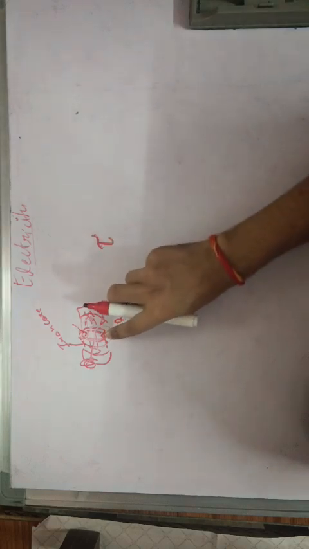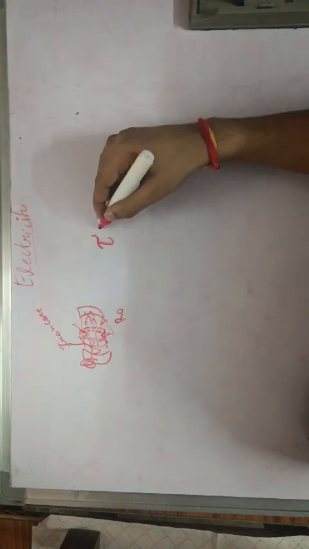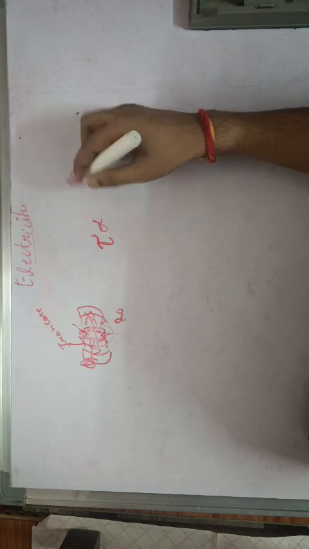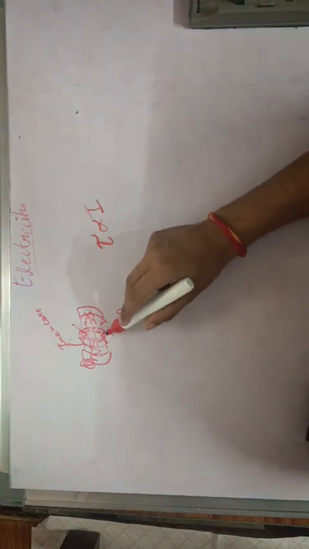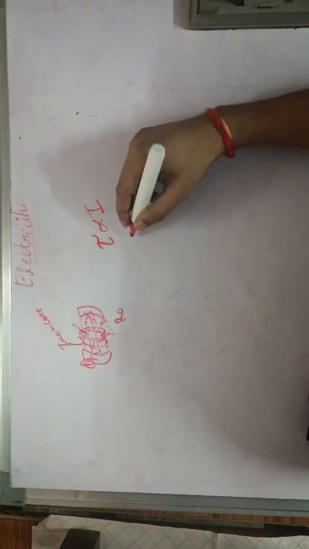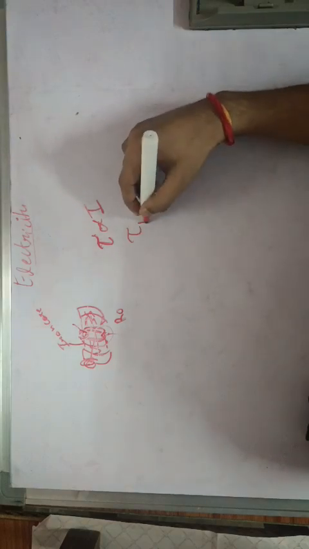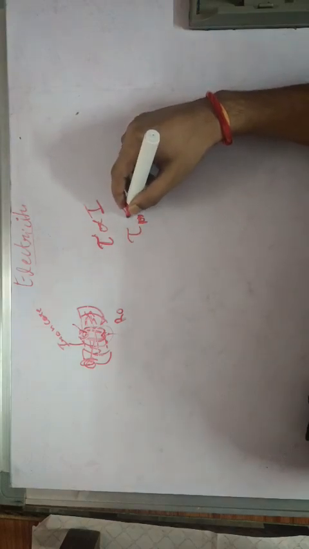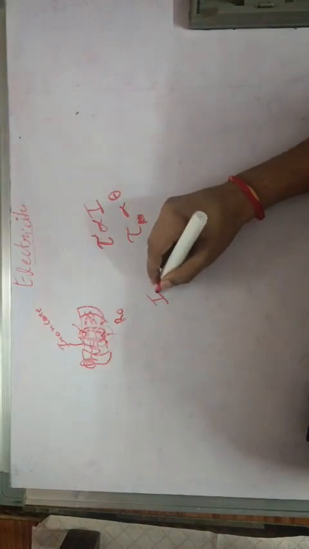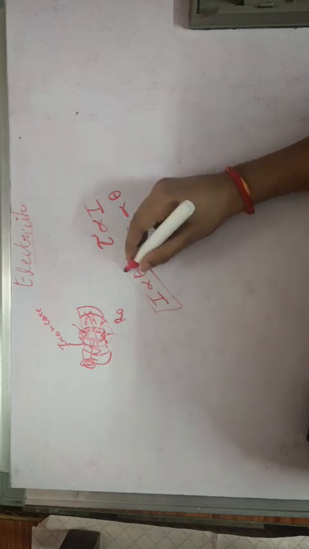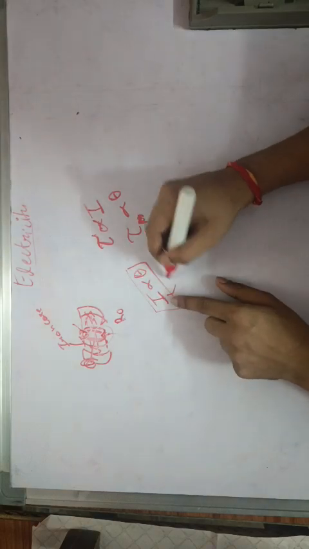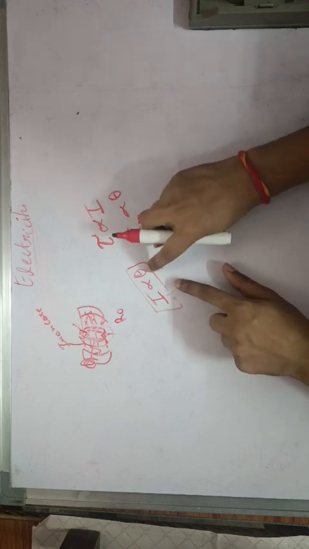The torque applied on this coil is directly proportional to the current passing through this coil, and the torque that the spring stores is directly proportional to the angle theta this device rotates. So somehow we can create a device in which there is a relation between current and angle theta.